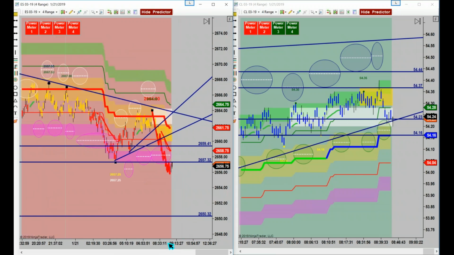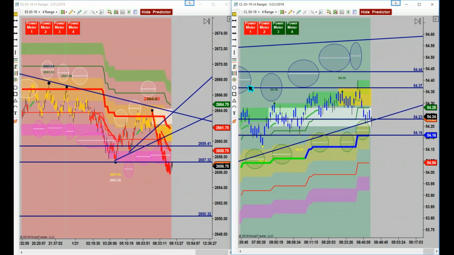Stay with us, ES. Very tight trend line, but if it works, it works. That's the way to do that. Watch ES, we're barely taking out those lows.